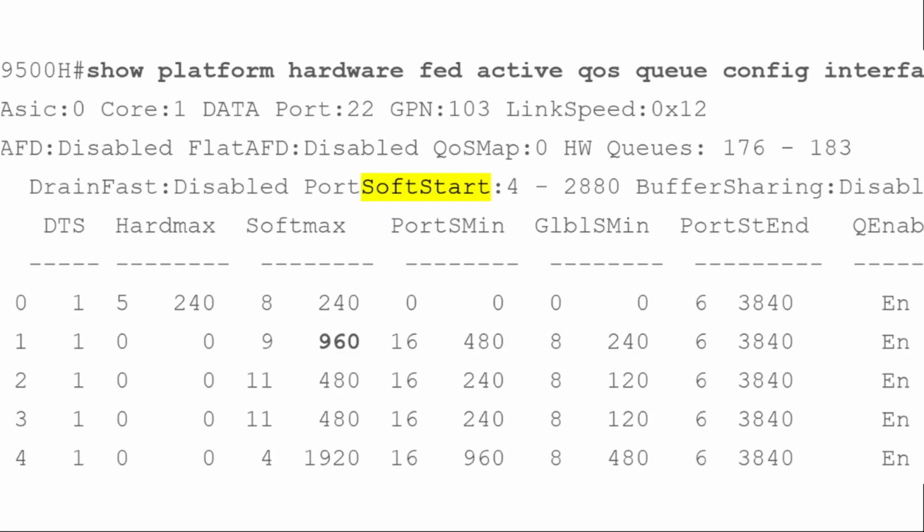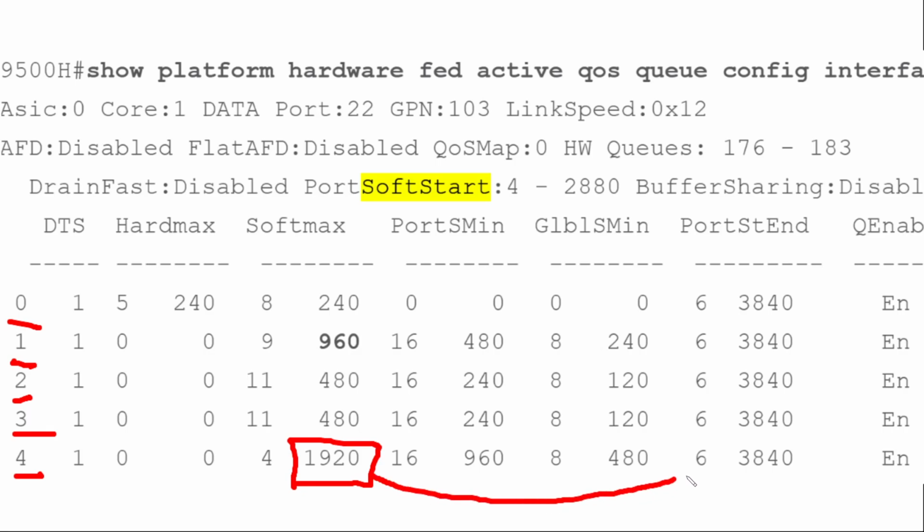So let's see, for instance, this example. We have these queues here, and this is your SOFTMAX. In this case, if we want to calculate the PortSoftEnd, we are going to multiply that by 2.